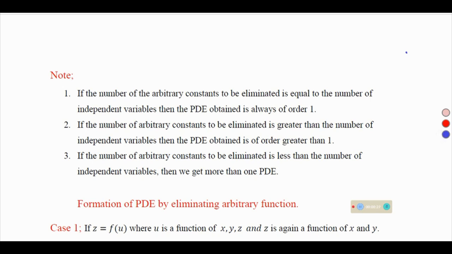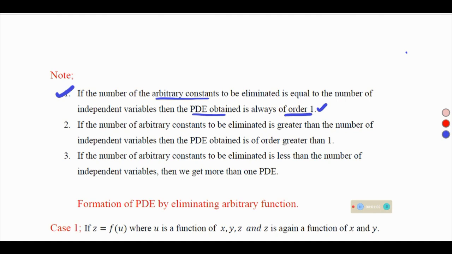The first one: if you have a case where the number of arbitrary constants that are to be eliminated is equal to the number of independent variables, then you will always have a PDE, or partial differential equation, of order 1.